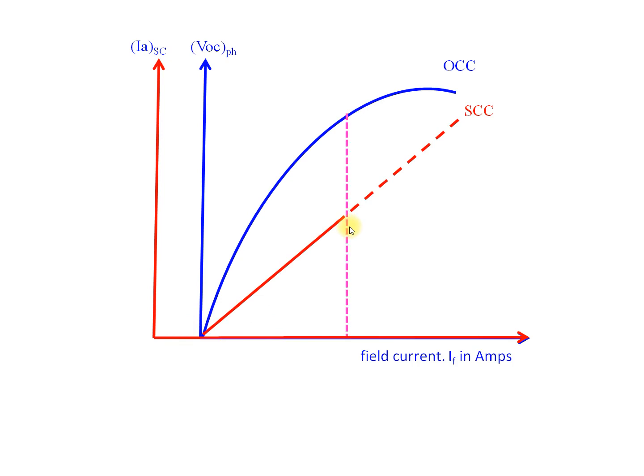From this we can find two values, since we have a single given IF value. For a single given IF value, we can make a projection over the short circuit characteristics and the open circuit characteristics. From these projections, we can get the open circuit voltage and the short circuit current for that given IF value.